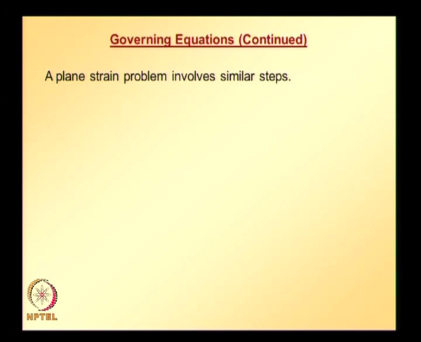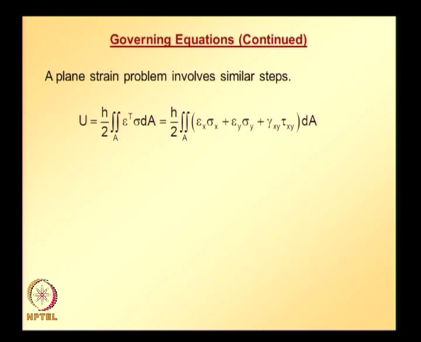Now let us assume that the problem is a plane strain problem, and this is how strain energy is defined. Substituting epsilon and sigma, all the components, and performing epsilon transpose sigma, we get this.